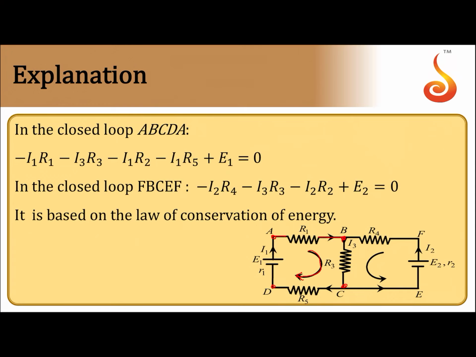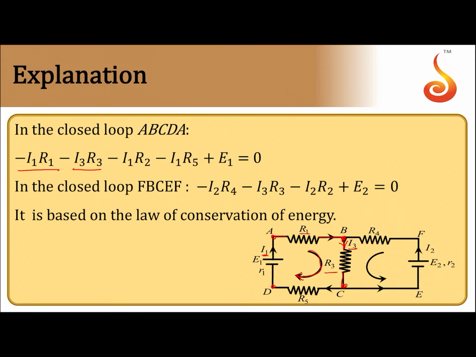Now, let us apply this. A to B, you are traveling in the direction of current I1, so the potential difference across R1 is I1 R1, and since you are traveling in the direction of current, it should be minus I1 R1. Then from B to C, I3 is the current and R3 is the resistance, so I3 R3, also negative since you travel in the direction of current.